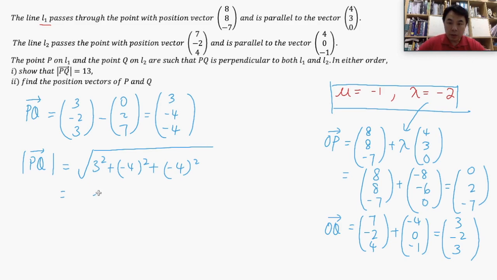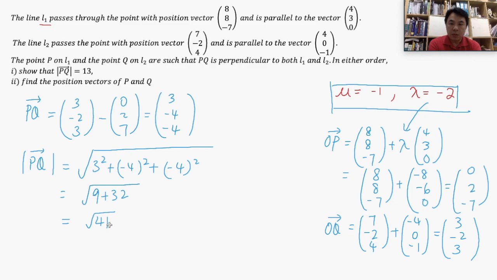Did I get it right? So here I get 41 units. That is odd. Okay, just let me check if there's anything wrong here.